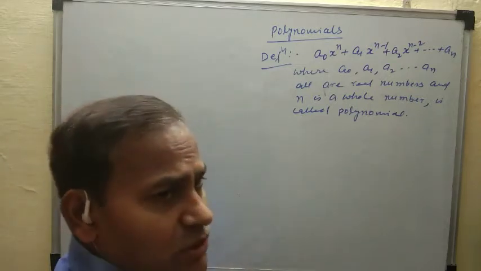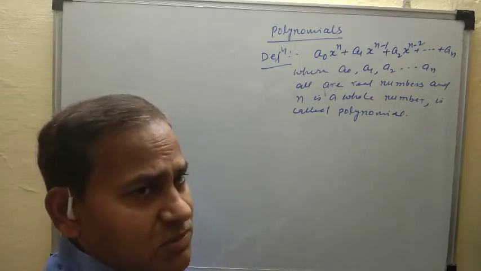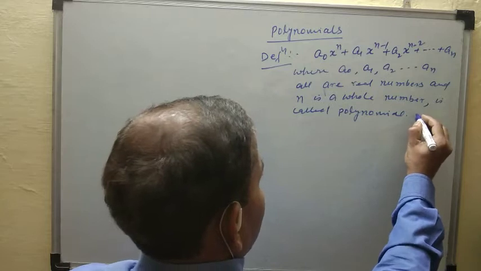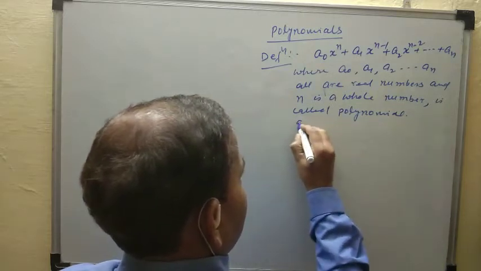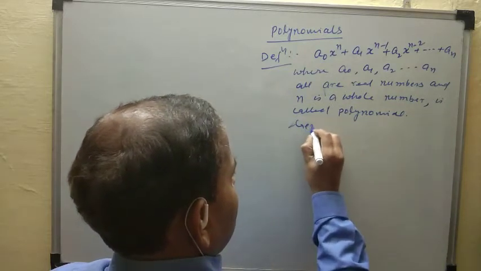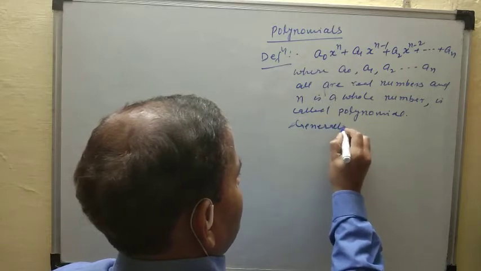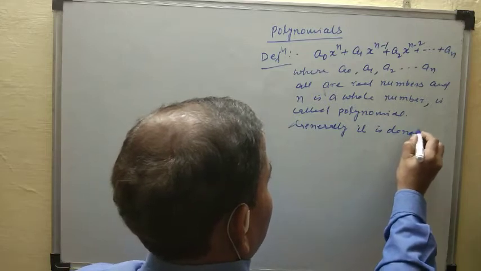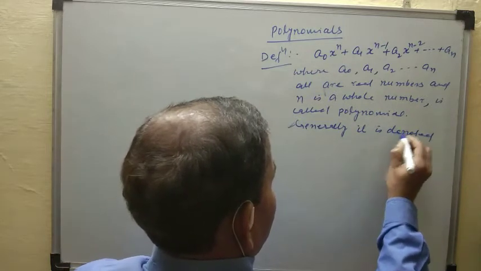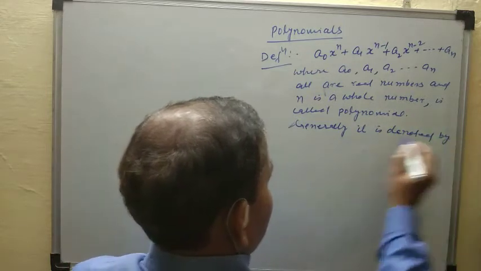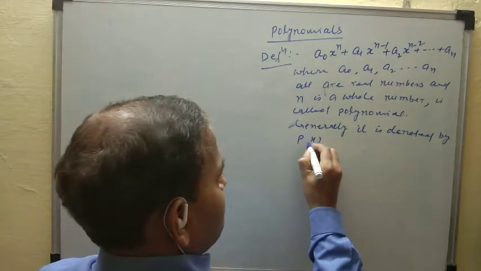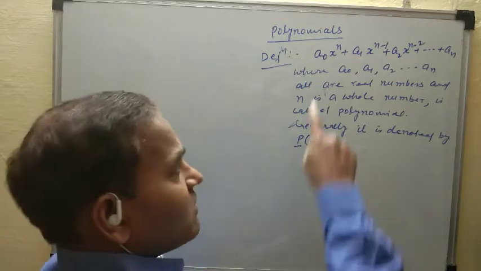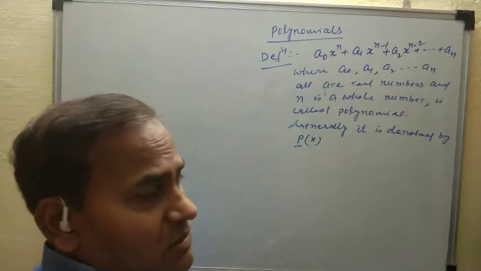Generally it is denoted by p of x, p for polynomial and x the variable.